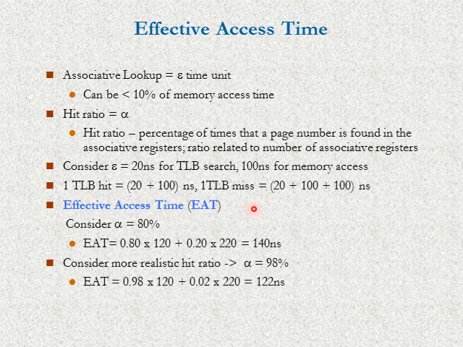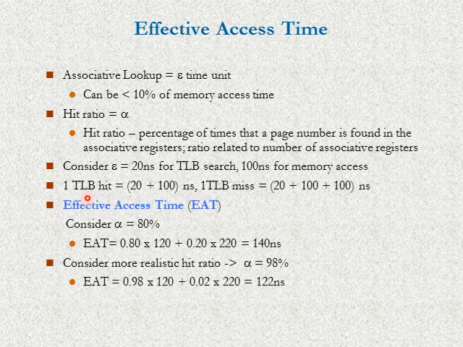On the other hand, if we have a TLB miss, we have to take a trip to the TLB, then one trip to the main memory to fetch the translation from the page table, and then one trip to the main memory to fetch the actual instruction, which means that around 220 nanoseconds are required in the case of one TLB miss.